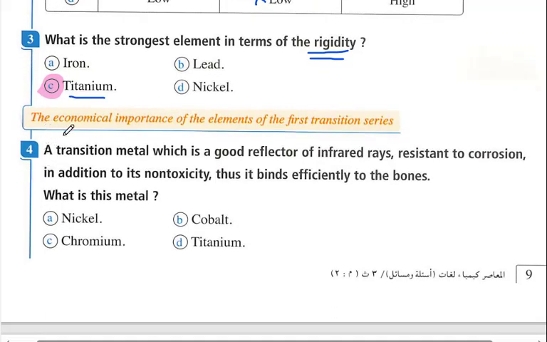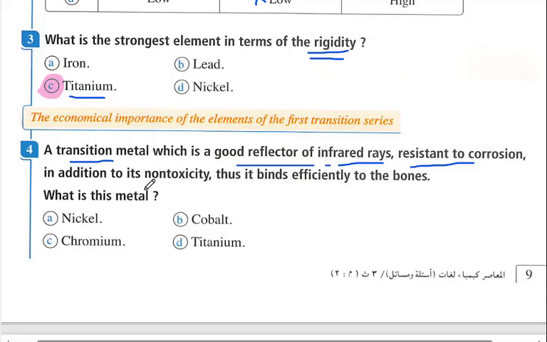This question is about the economic importance of elements of the first transition series. A transition metal which is a good reflector of infrared rays. So we cannot determine which one of the elements of the first transition series it should be. So we have to complete. Resistant to corrosion, it may be chromium, maybe titanium, maybe nickel.